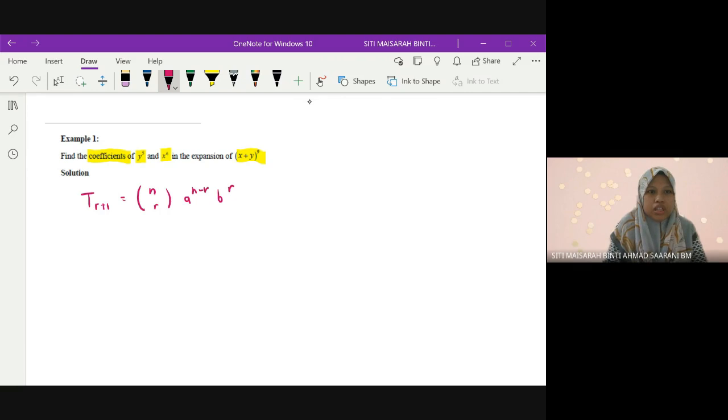Okay, so jadi kalau kita gantilah, yang kita tahu kat sini adalah kita tahu a, kita tahu b, kita tahu n. So n kat sini is equal to 9, a equals to x, b equals to y. So jadi kat sini 9 and then a is x power n minus r and then b is y power r.